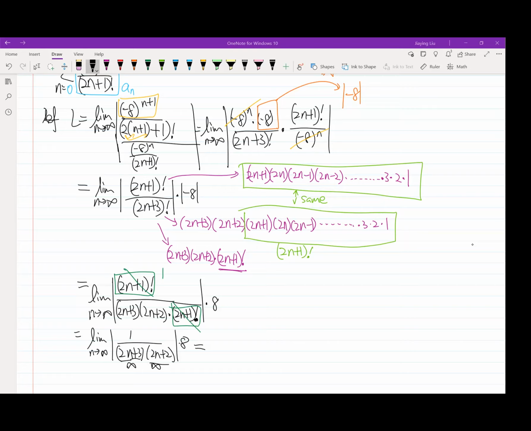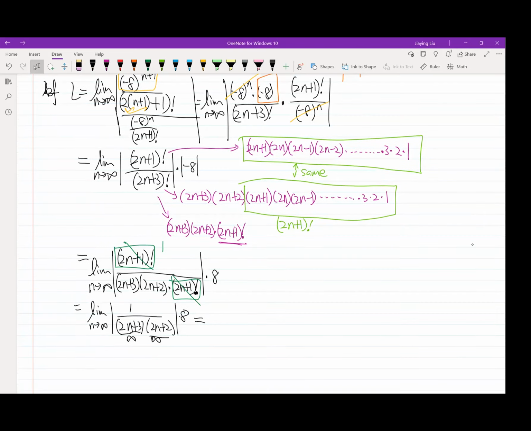That will serve the purpose. But that's a good point, I'll look into that. So now we just end up with 1 over infinity as we take the limit, which approaches 0. This is a good question.